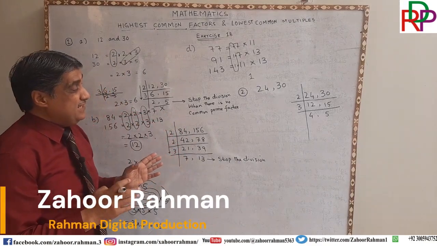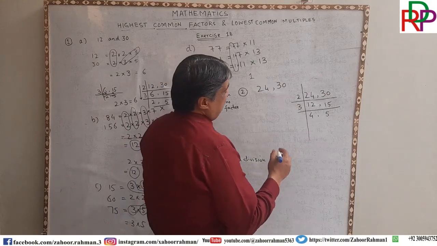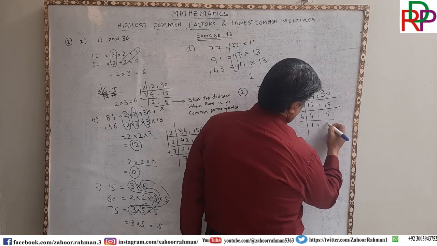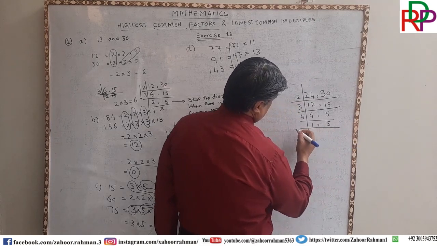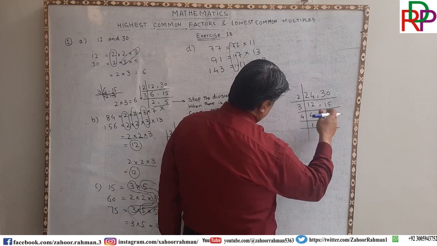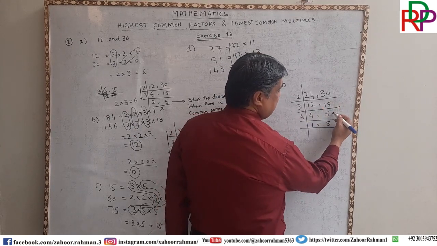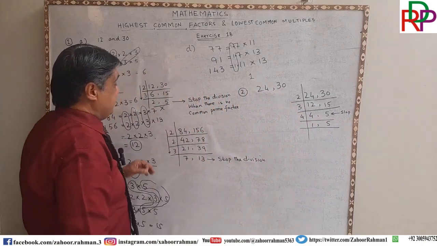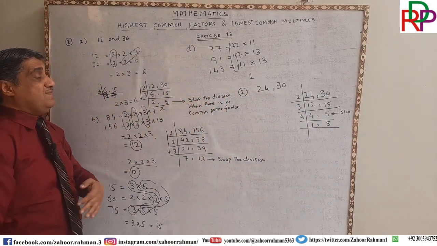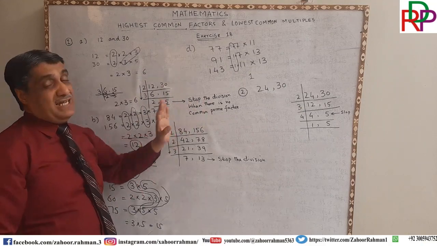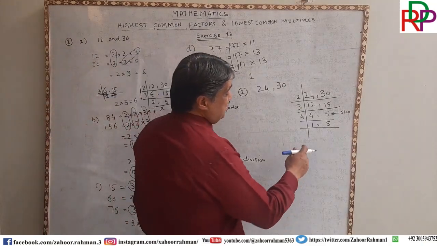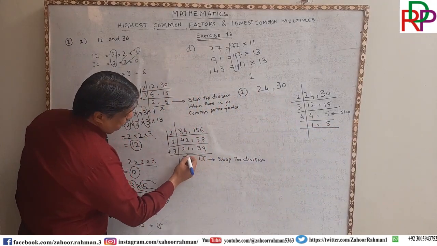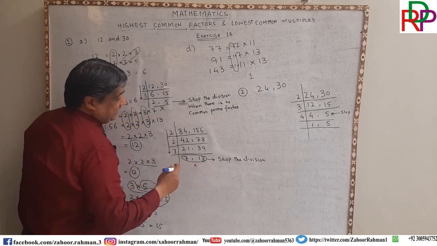So here the LCM will be, if you are doing it, 4 1s are 4 and 5 is not divisible, so it will come. You can stop either here, or you can go on in case of LCM. But in case of HCF, you have to stop the division when there is no common prime factor. In the HCF, you are not using these values in the answer.